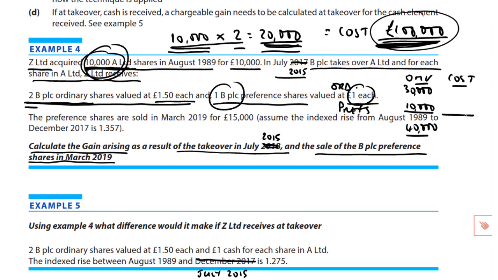Because what we were originally told was that the 10,000 shares in A Limited there had originally cost £10,000. So you need to split that £10,000 cost of those original A Limited shares between the 2 things you've now received at the point of takeover: ordinary shares in B and preference shares in B.